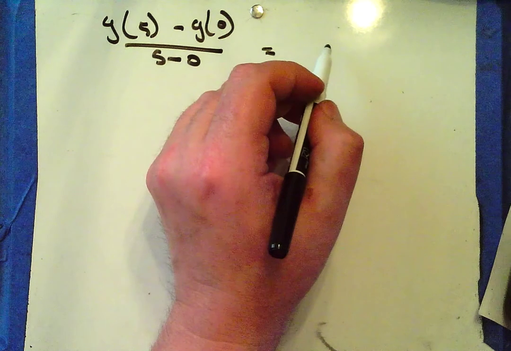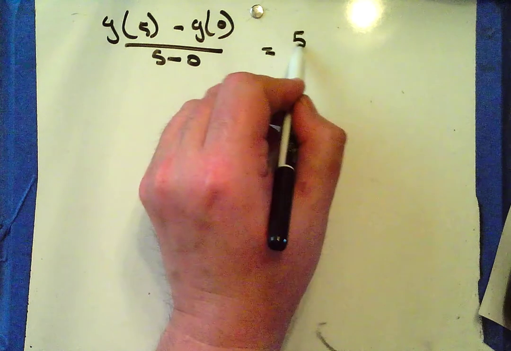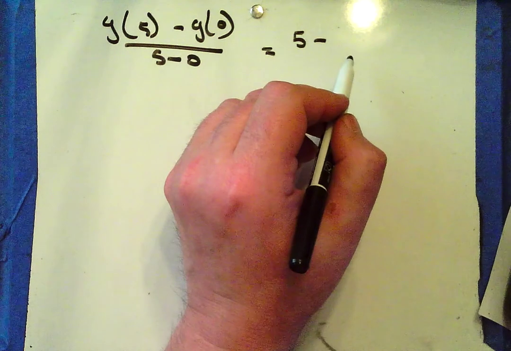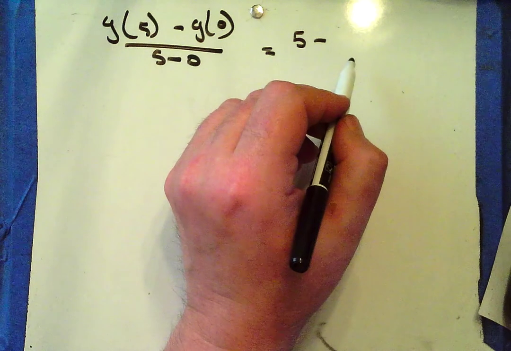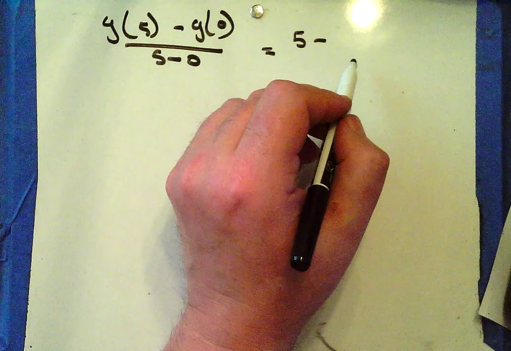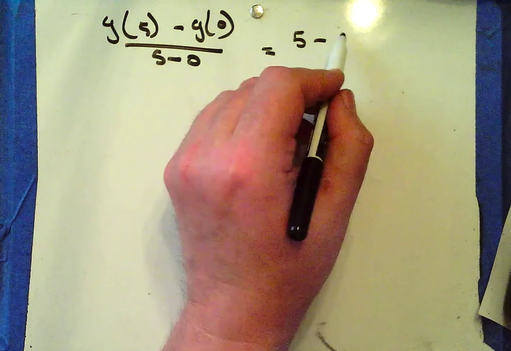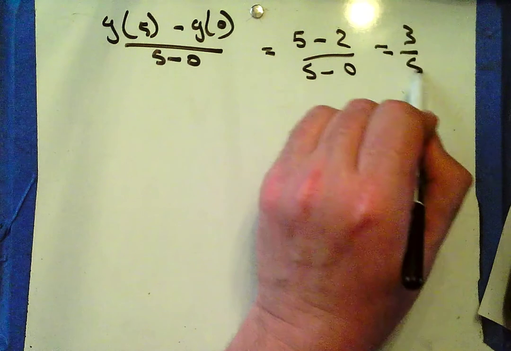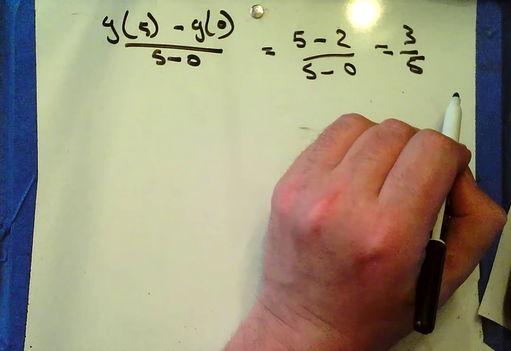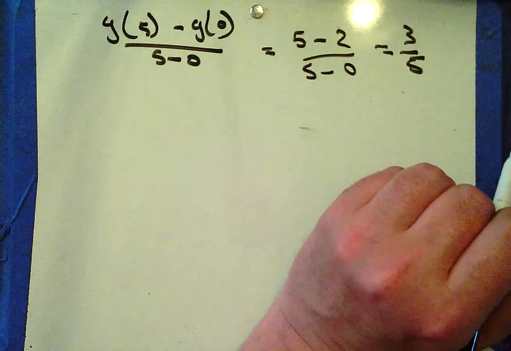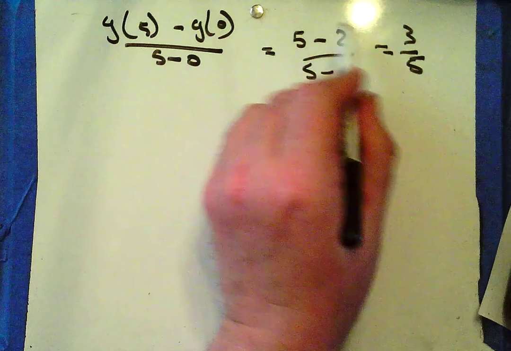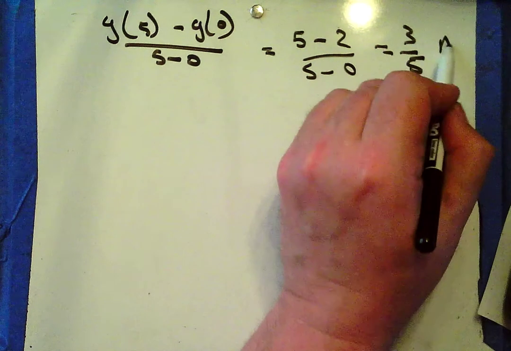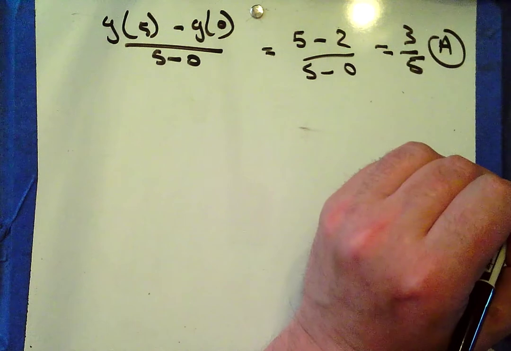G of 5, I read off the graph, is 5. G of 0 is 2, over 5 minus 0, 3/5. 3/5 centimeters per day. These are days on the bottom. These are centimeters per day on the top. And so that's choice A for number 36.